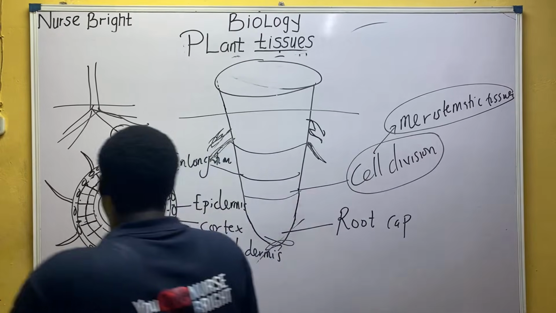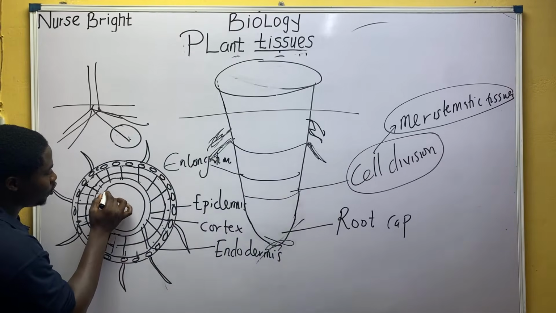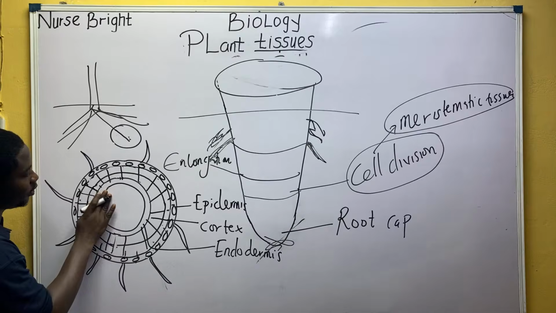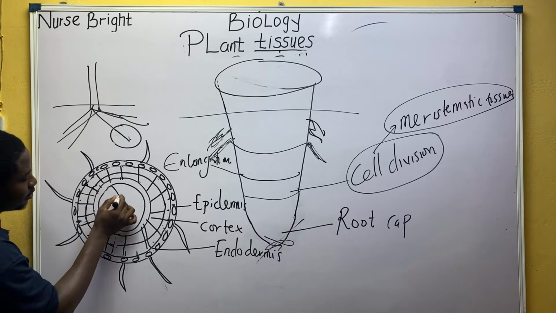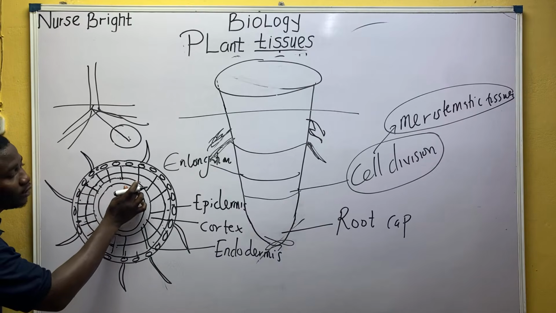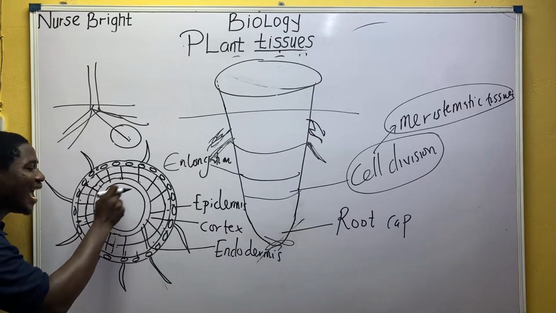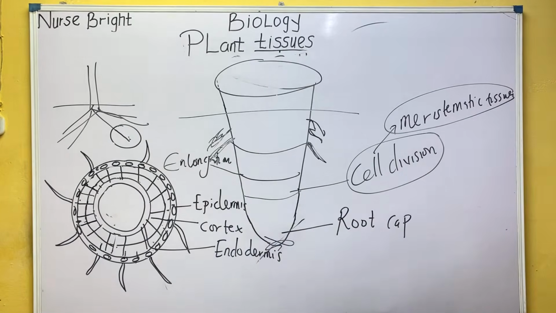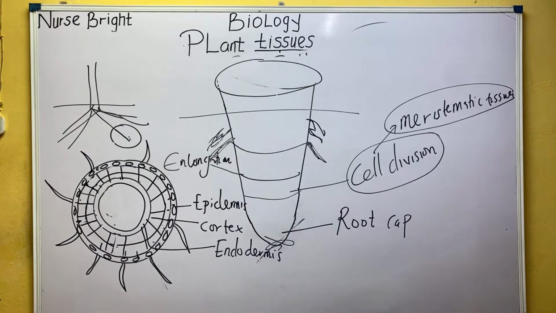Pay attention, everybody, very important. First of all, we agree that this is the endodermis, right? They control things that enter into this place, and this place contains what we call vascular tissues.